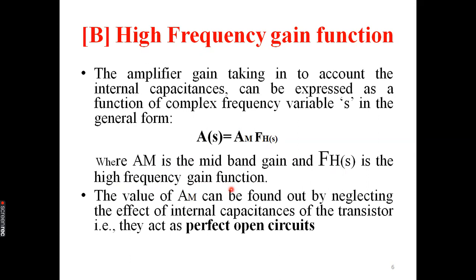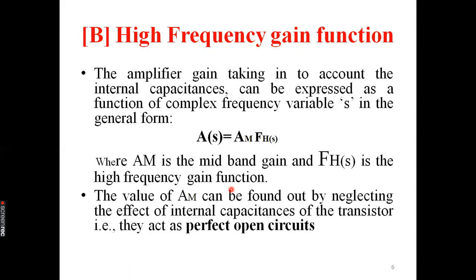So actually this high frequency gain function is determining our A of S for different values of S. S is nothing but a representation of frequency. Okay, it is a complex variable. Whenever we are plotting the frequencies in a complex plane, we use the Laplace transform. That Laplace operator is called S, for analyzing a continuous time domain system.